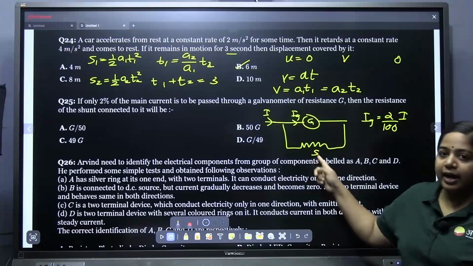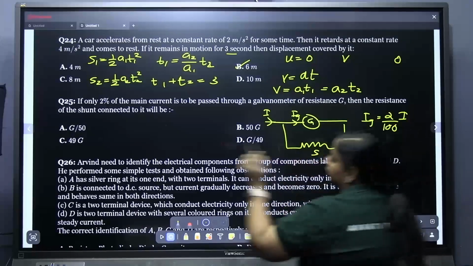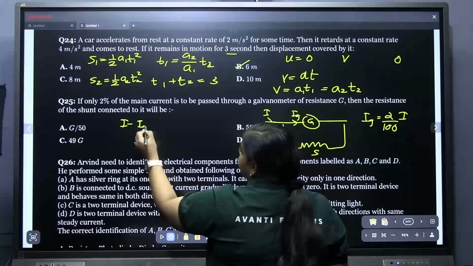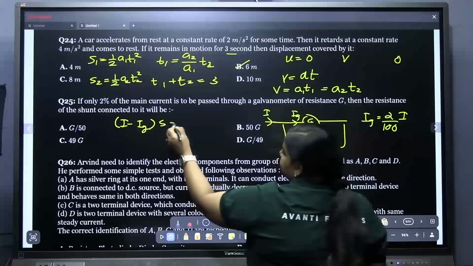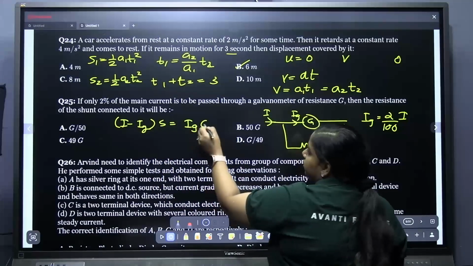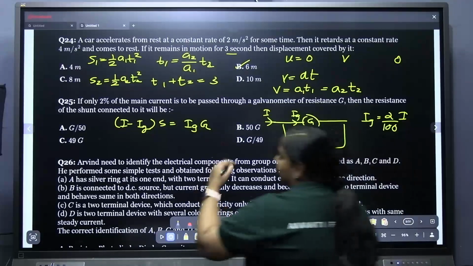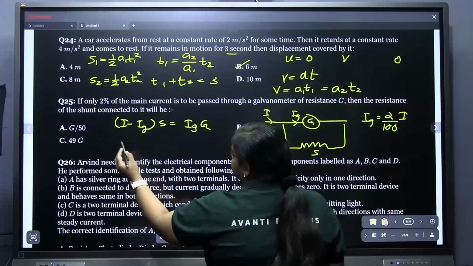We have to find S, right? Since they are at the same potential, we can say (I minus Ig) into S is equal to Ig into G. This is the same formula we learned in current electricity.